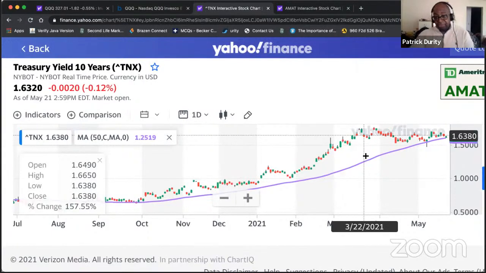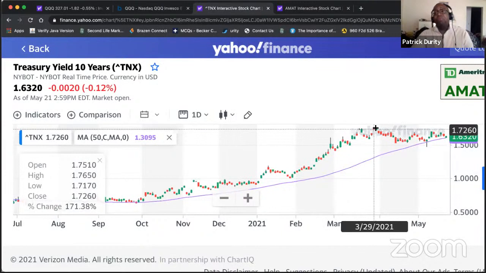So as I highlight, this is where interest rates have peaked, and this was well before the inflation fears.